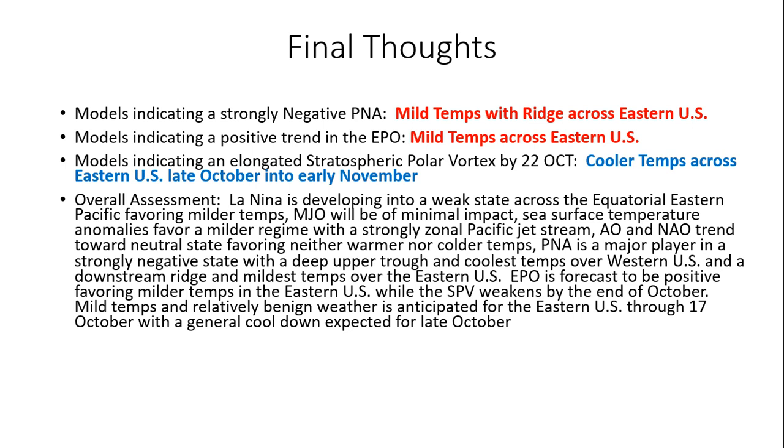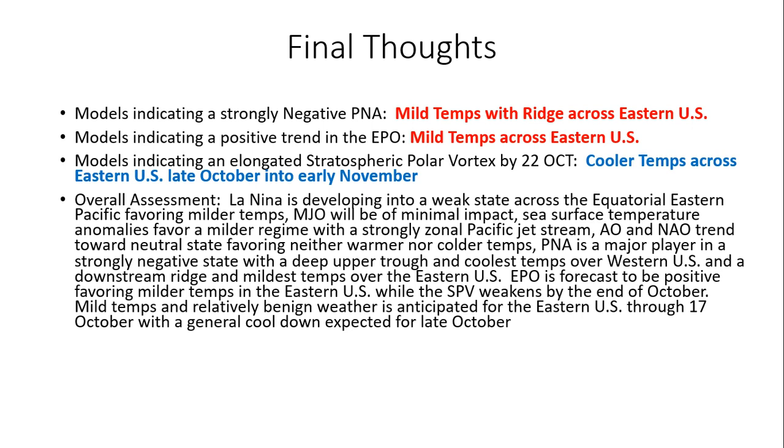Sea surface temperature anomalies definitely favor a milder regime across the U.S. as a whole. Outside of that troughing off the U.S. West Coast, once that trough lifts out, I expect it to be fairly mild with a more zonal west to east Pacific jet stream. The AO and NAO trend is going towards a neutral state, and this is going to favor neither warmer nor colder temperatures for the eastern U.S.